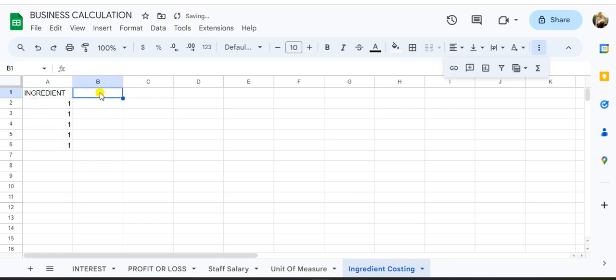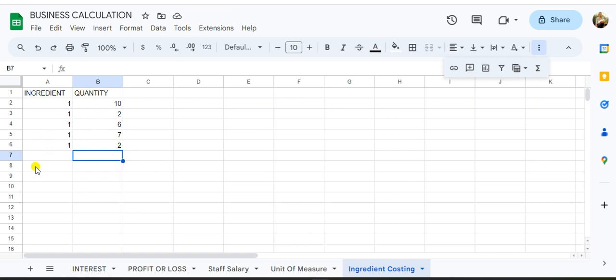Then quantity. Let's say we have 10 kg, 2 kg, 6 kg, 7 kg. Just put the numbers around, 2 kg, and that's all.